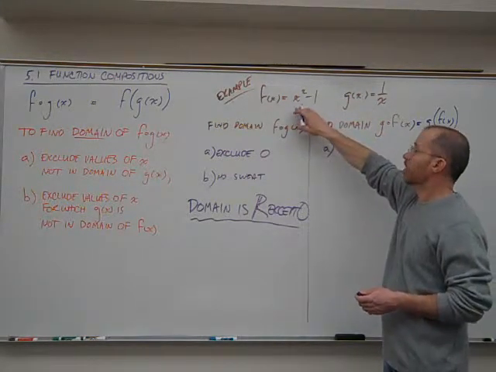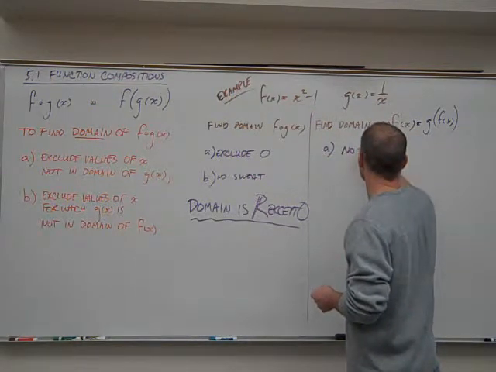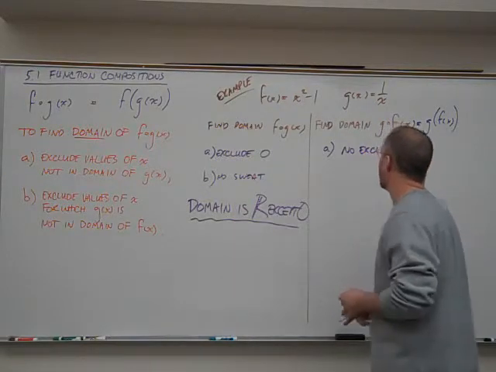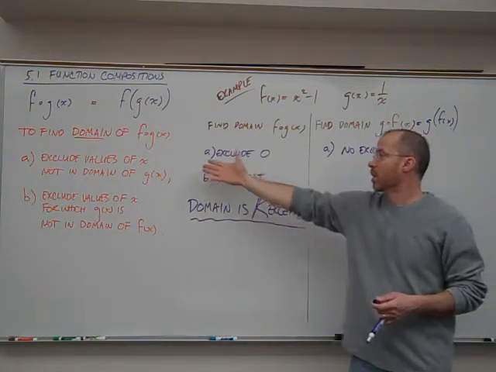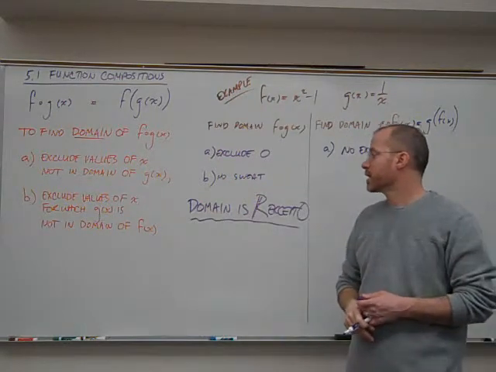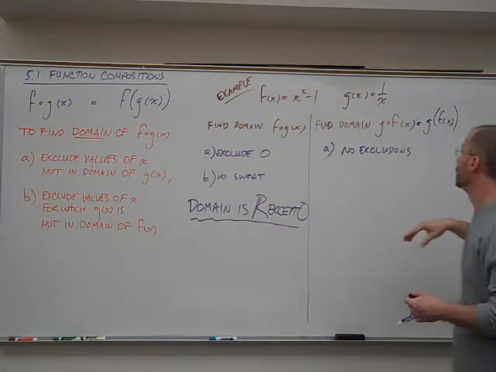Let's see, f is a polynomial, no exclusions, right? All real numbers is the domain of f, so I don't get anything out of part A. Part B says exclude values of x for which g of x is not in the domain of f of x. Okay, well, I'm flip-flopping g and f here.